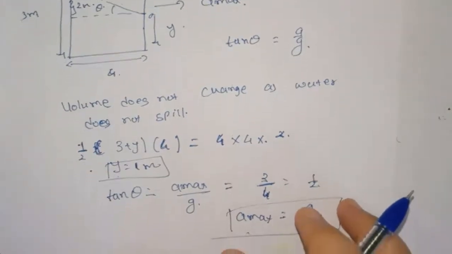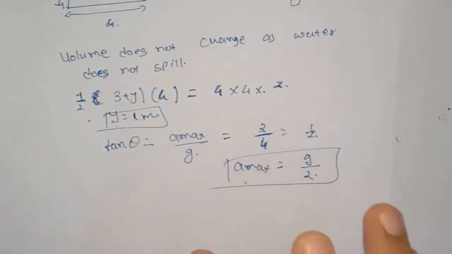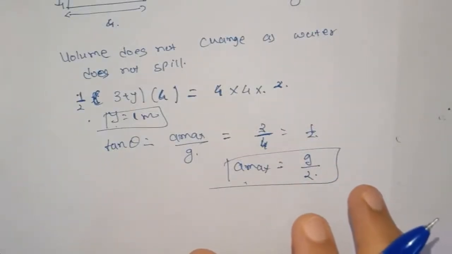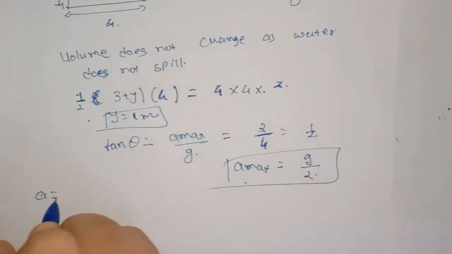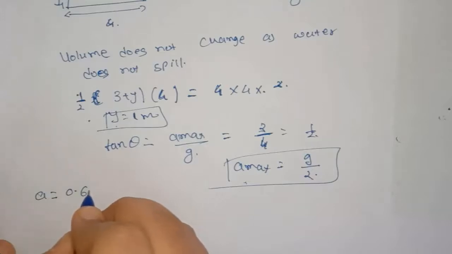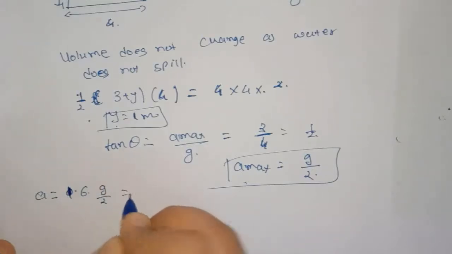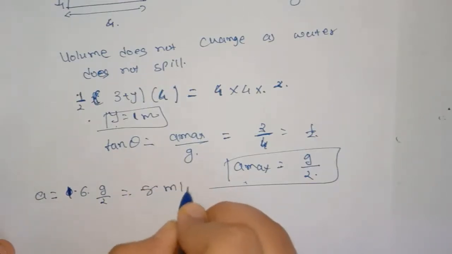Now in the second case, it is increased by 60%. So a will be 1.6 of g by 2. That will be 8 meter per second square.